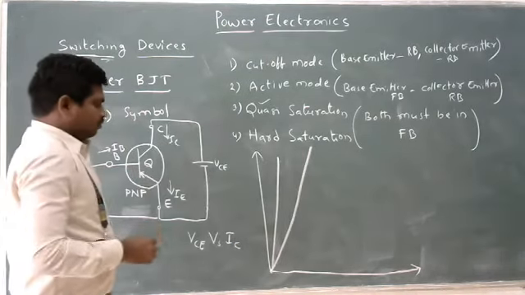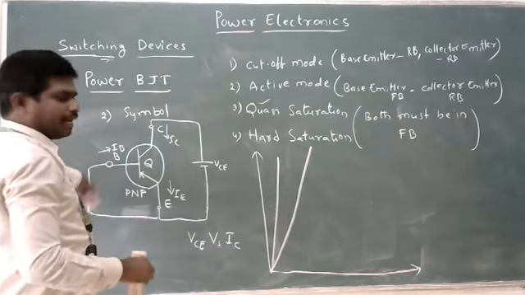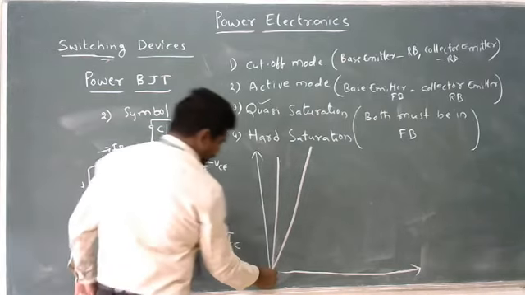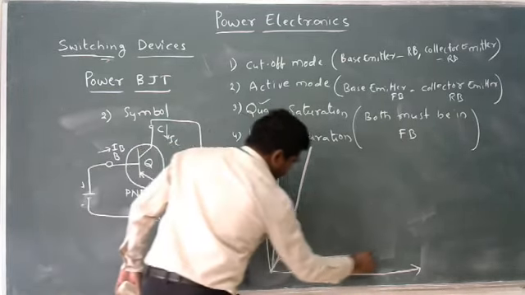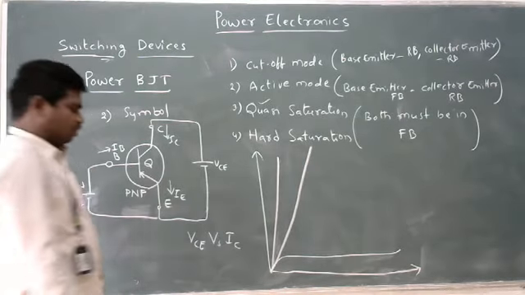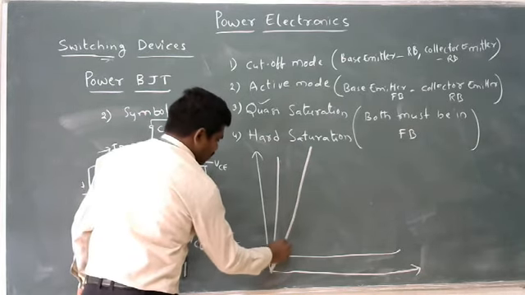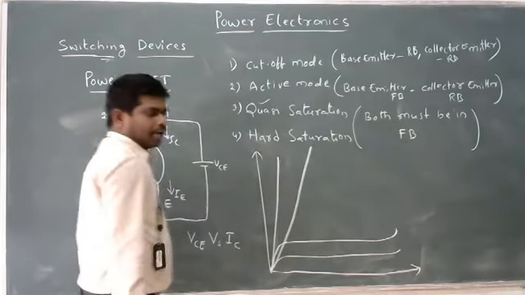Whenever IB equals 0, suppose no voltage is applied across the base and the emitter terminal, what will be the output characteristics? These are the output characteristics for IB equal to 0. Further, I am increasing the IB values.